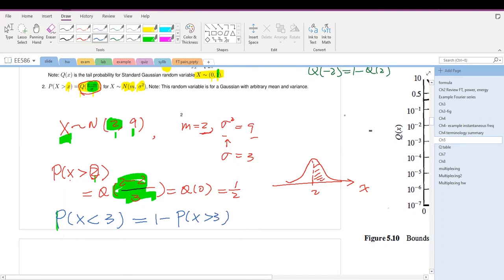Because the Q function is defined as X greater than a value, if we want to use the Q function, we want to express the probability in the format of the probability of this random variable greater than something. So that equals 1 minus Q((3 - 2)/3). That equals 1 minus Q(1/3). And then using the table, we can obtain the probability of this random variable X less than 3.